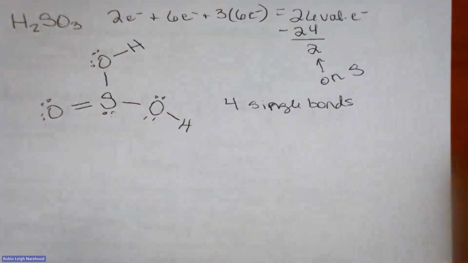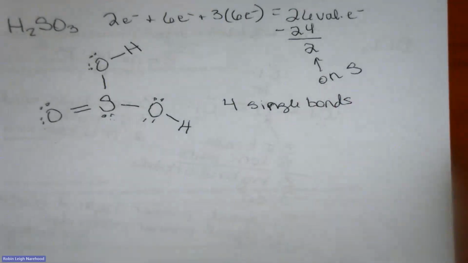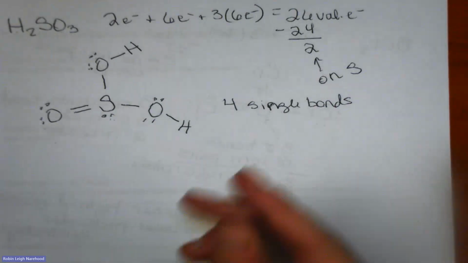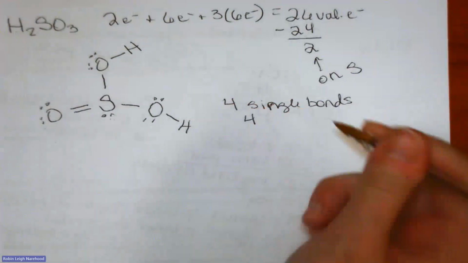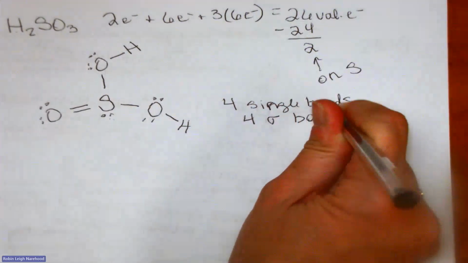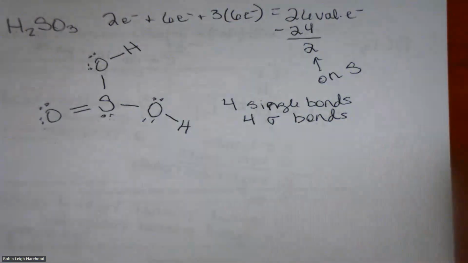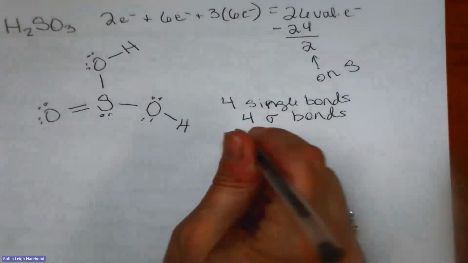And each of the single bonds is what kind of bond? It is a sigma. And so those 4 single bonds are 4 sigma bonds, because the first bond between 2 atoms is a sigma bond. Then we have 1 double bond.